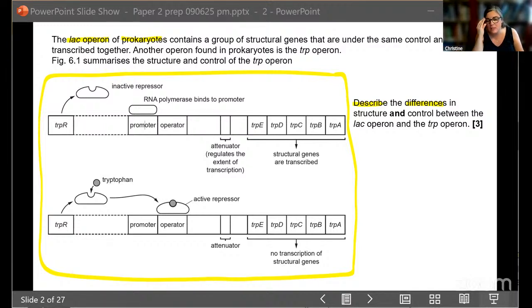This has come from a different exam board, but I liked the question and I feel it covers a lot of the content that they could ask you in other A levels. They'll just ask questions in a different way. So the key thing to note is, what are they telling us? That's important. The inactive repressor here.